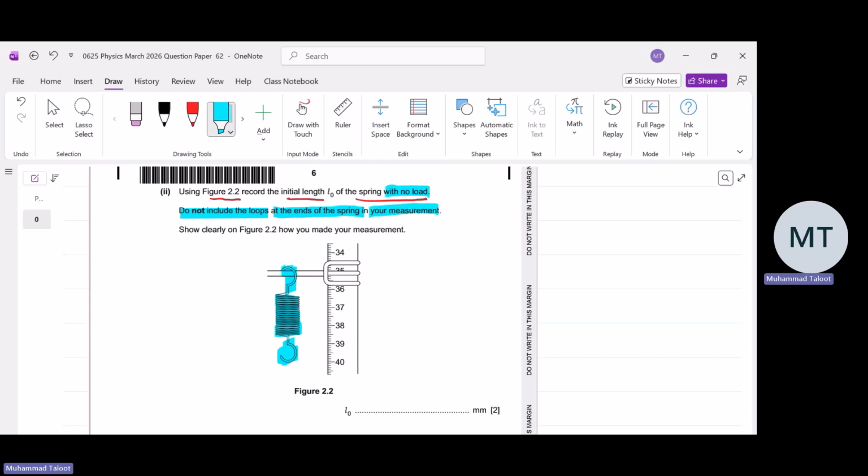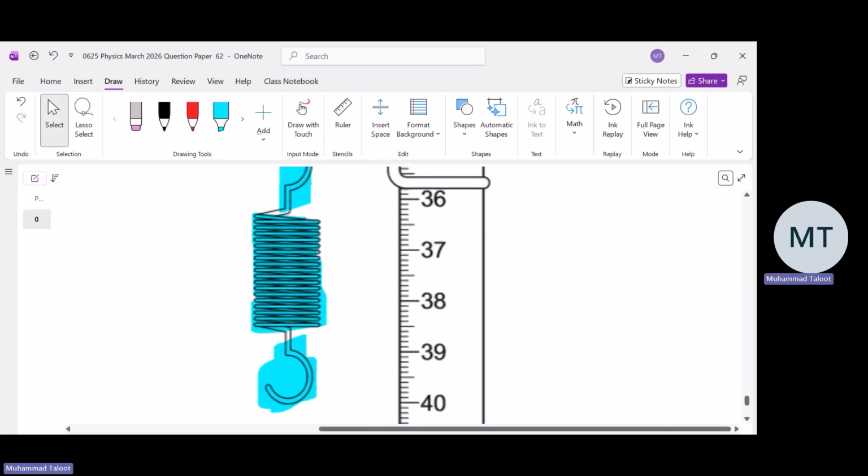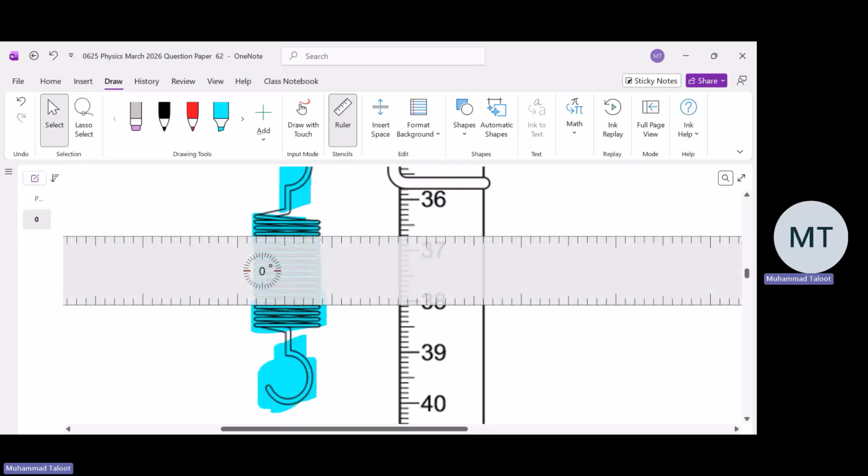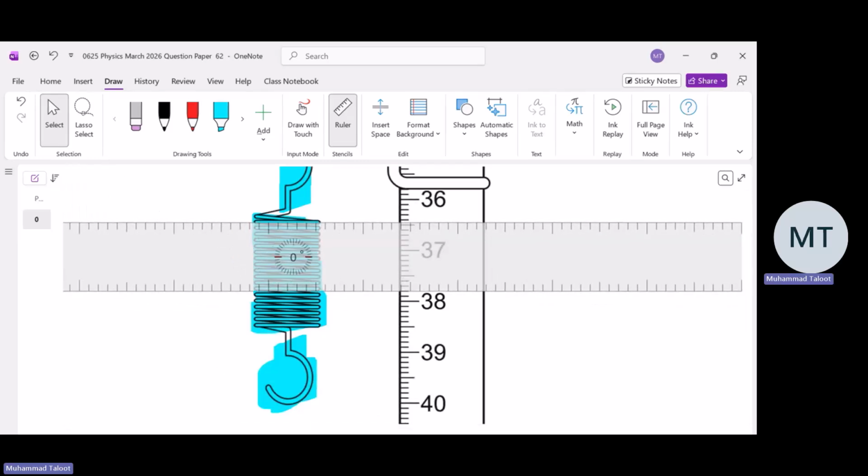In your measurement, show clearly on figure 2.2 how you made your measurement. So dear students, this is very important. I will be using a set square, or I can use a meter rule as well. You can see how I am going to record the value.